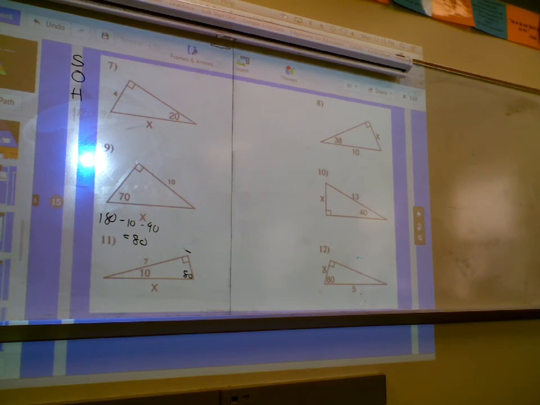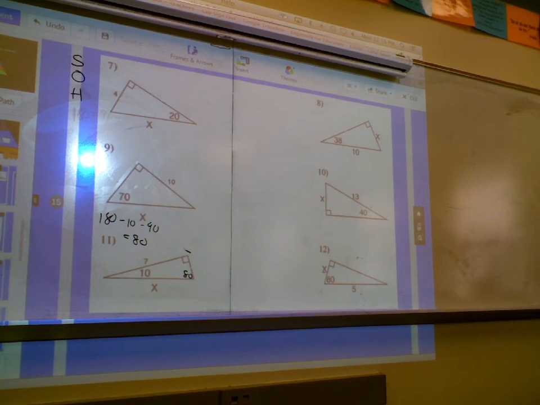Which one's the side, the 7 or the 10? 7.